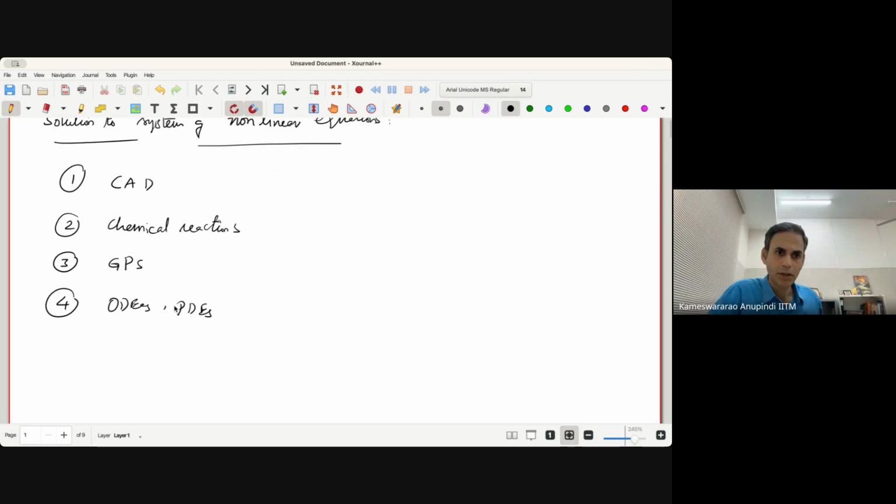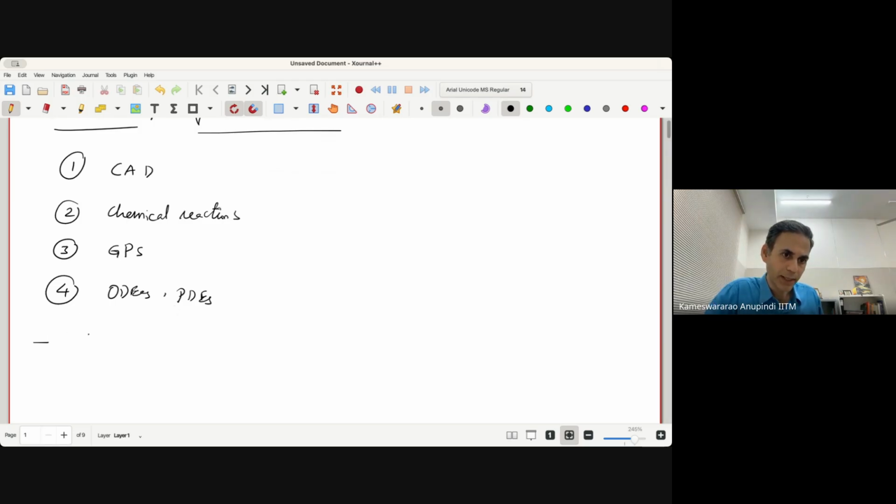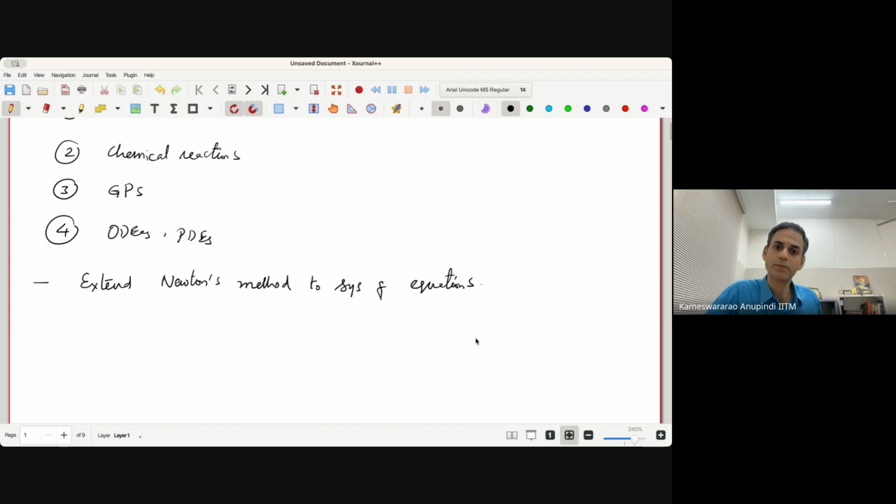And then one way is to basically extend the Newton's method that we have learned, extend Newton's method to system of equations. That means a natural extension of Newton's method exists, which can be used for solving systems of nonlinear equations. Now, in Newton's method, what we have done is we have basically linearized the nonlinear equations and solved them repeatedly.